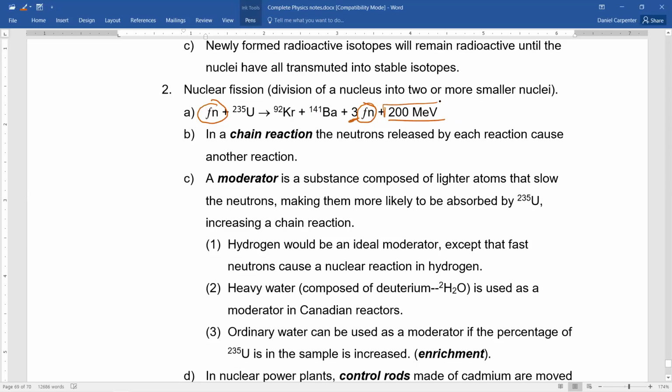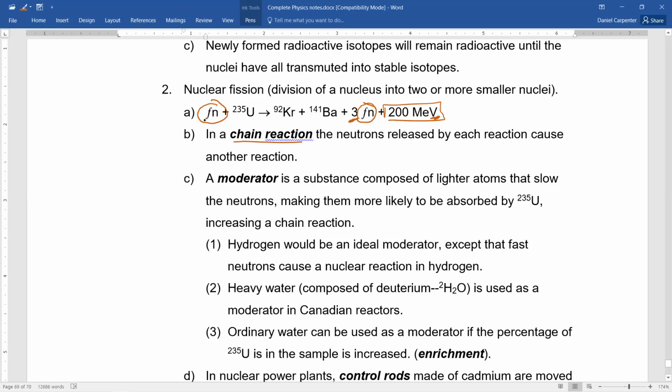If we're talking about a nuclear bomb, then this energy is what drives the bomb. But even though that's got volts in it, that's not the electricity that comes from a power plant. So, chain reaction.